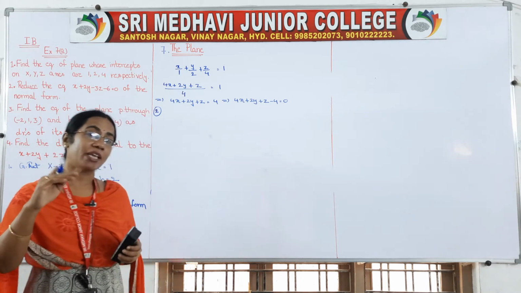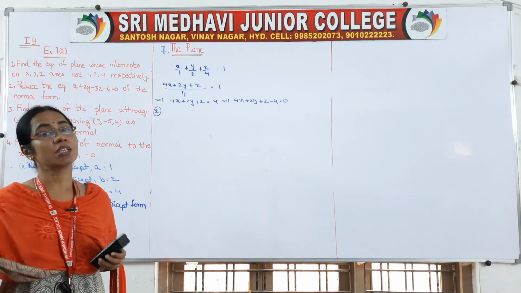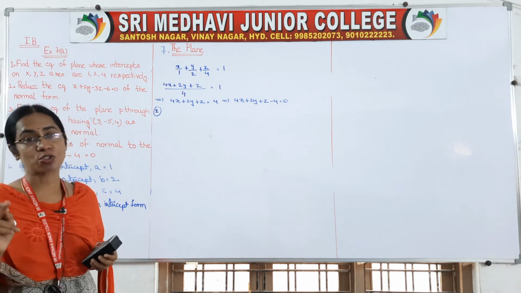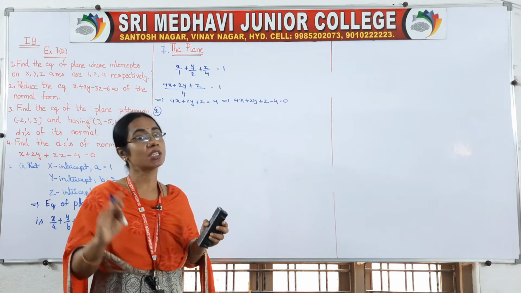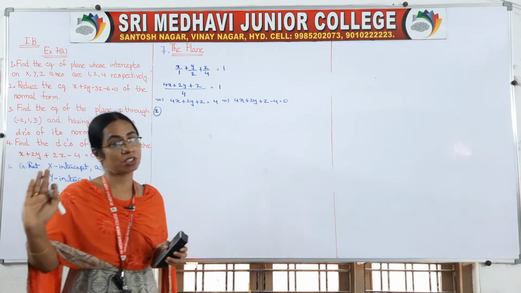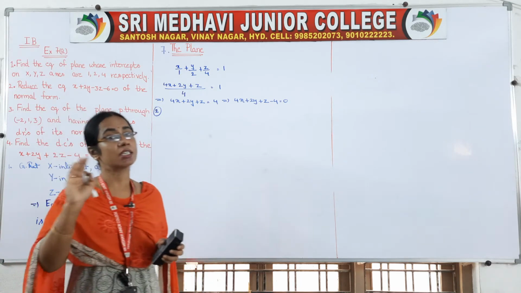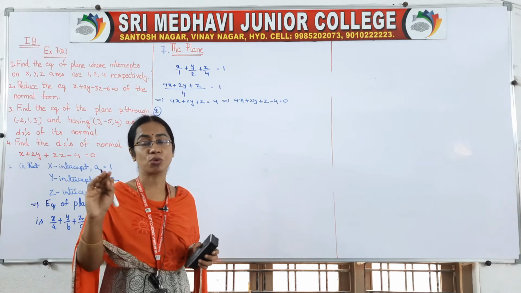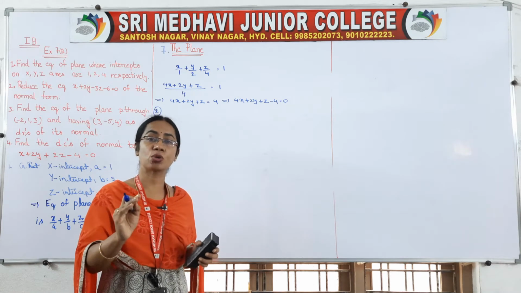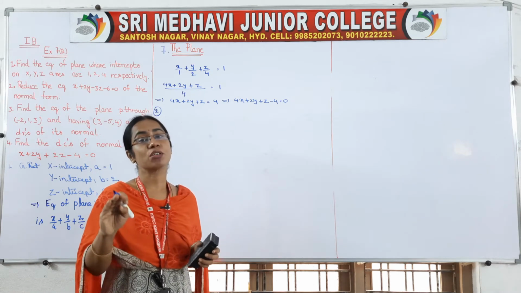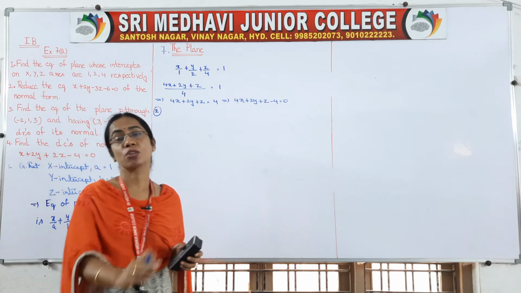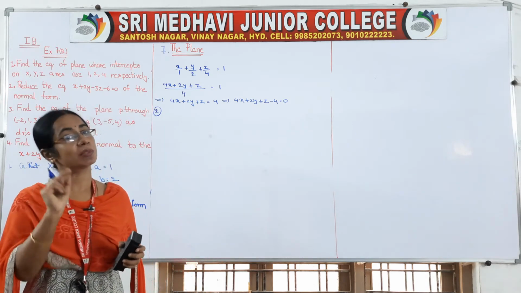So in planes, along with x and y you are having the z coordinate also. So here also the same thing, on the right side we have to get a positive value. After that divide both sides by the root of x coefficient whole square plus y coefficient whole square plus z coefficient whole square. So here the extra term is that one.